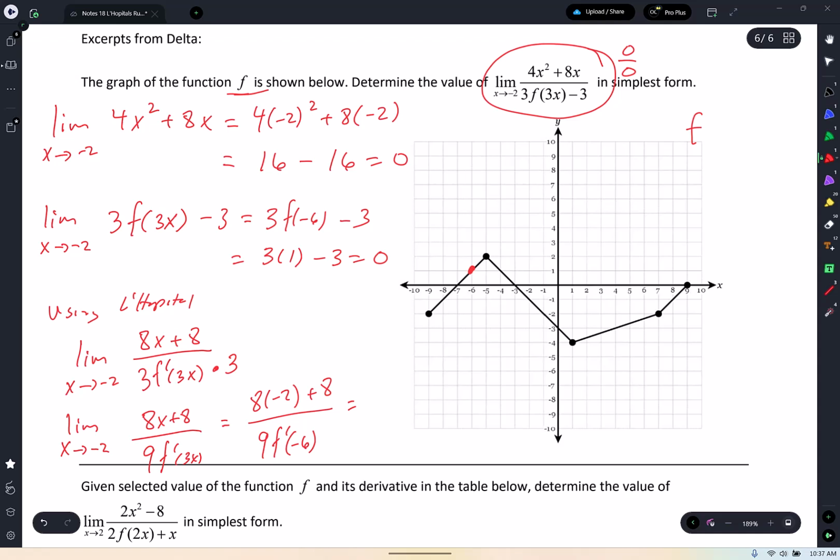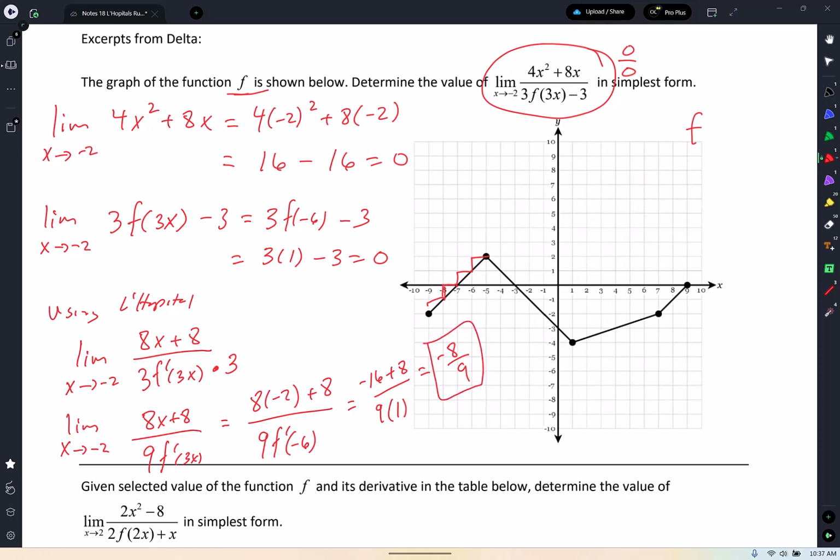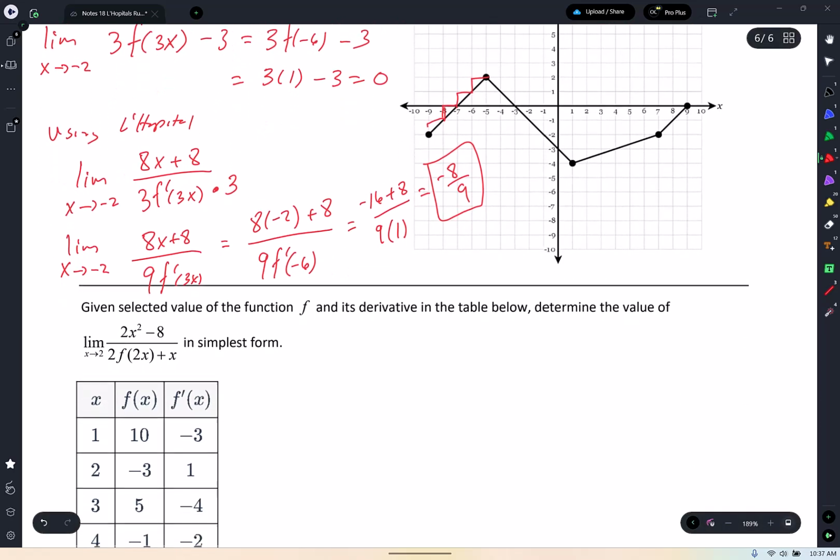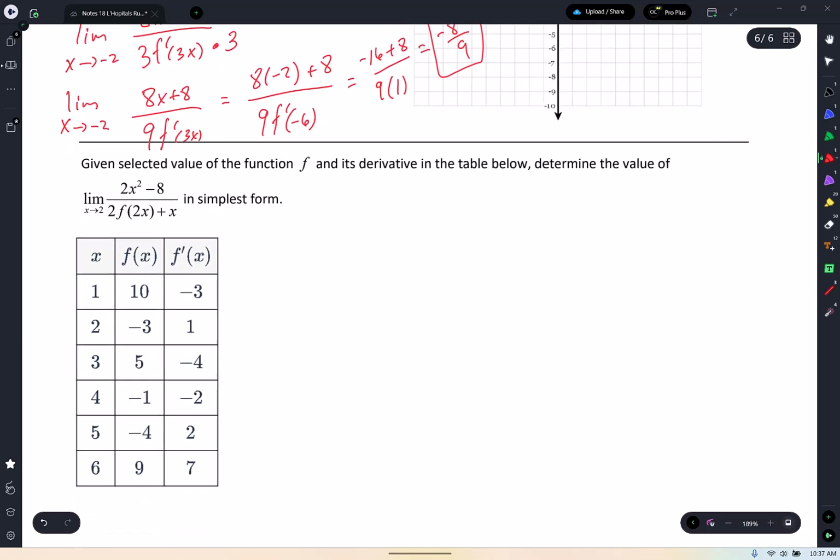All right, so I have negative 16 plus 8 over 9 times whatever this slope is. It's easy to count. Just go right here, guys. It looks like it's 1. 1 up, 1 right, 1 up, 1 right, 1 up. Yep, it's 1 times 1. So negative 8 over 9. That makes sense, guys? Okay, don't worry. We're going to do a few more together, and then we'll set you guys loose. Today's L'Hopital's is pretty straightforward, I think.